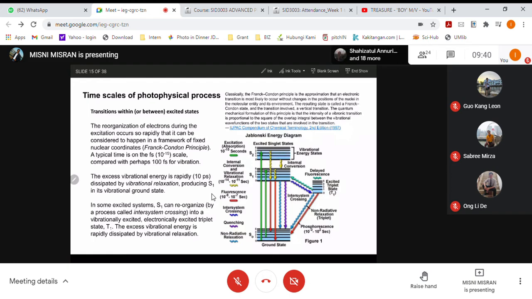But the illustration that you have, the diagram, is just telling you how fast. The excitation, absorption, if you look at in seconds, is about 10 to the power of minus 15. This is in femtosecond. And vibrational relaxation, how fast it is, is around 10 to the power minus 11 seconds.